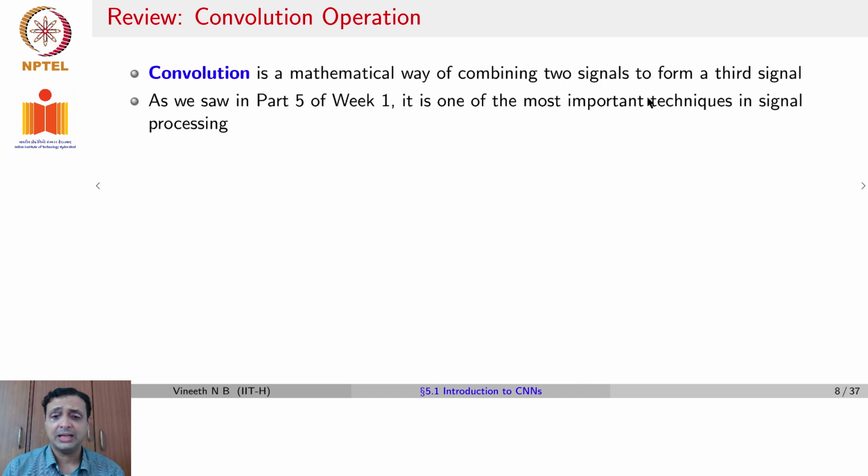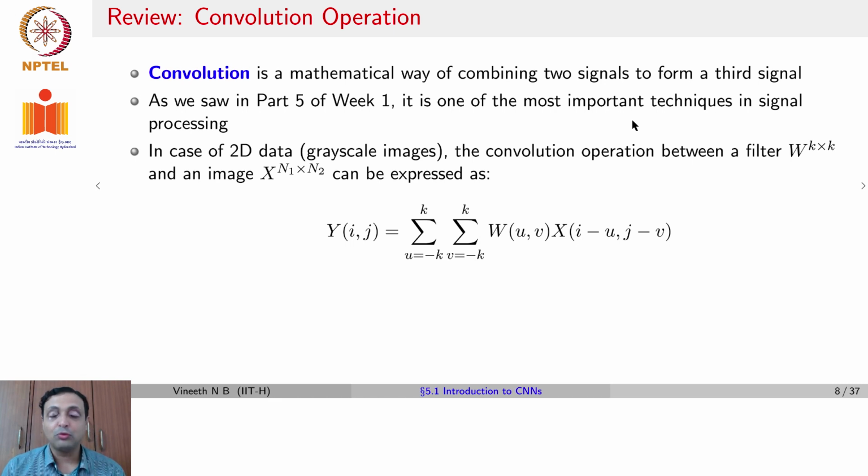We also know that it's an extremely important technique in signal processing in general. Images are 2D signals, but convolution is also used for other kinds of signals such as speech or accelerometer data, time series data, and so on. In case of 2D data, let's assume the simple case of grayscale images.